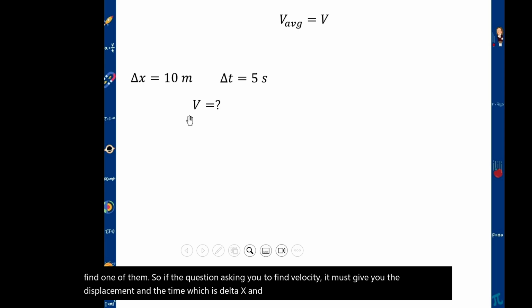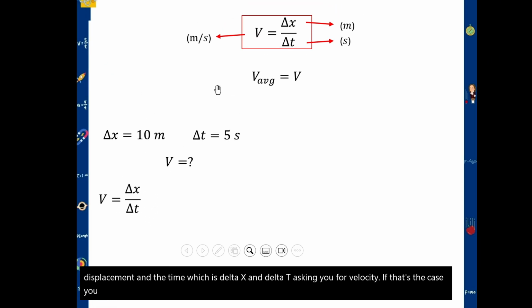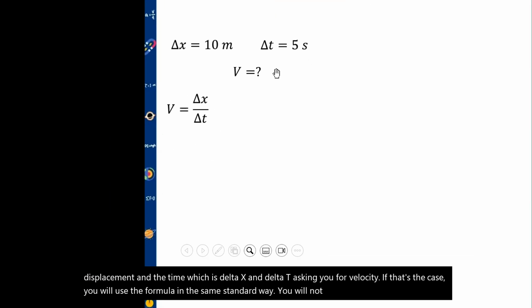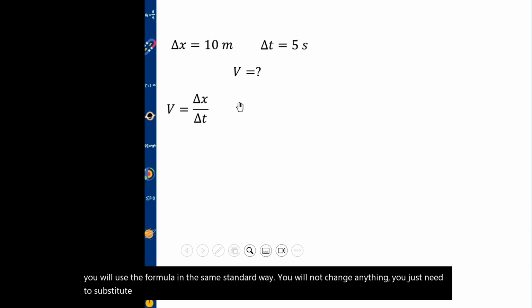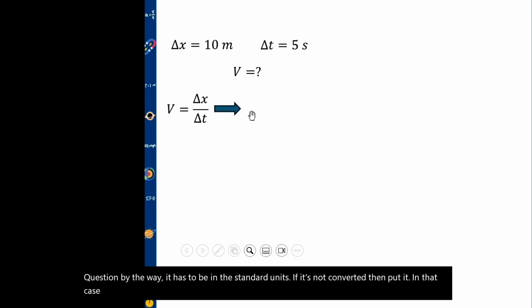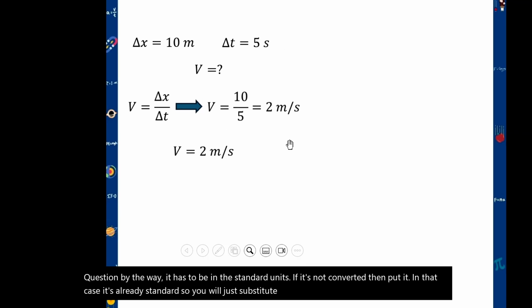If that's the case, you will use the formula in the same standard way. You will not change anything. You just need to substitute the numbers that you are given in the question. By the way, it has to be in the standard units. If it's not, convert it, then put it. In that case, it's already standard, so we will just substitute them to find the velocity.